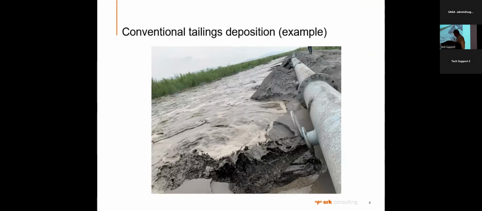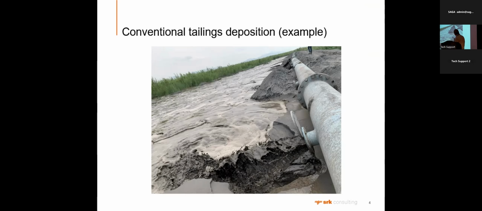Our business is depicted on this slide, where you can see how the tailings flows out of the pipe in a very slurry-like manner, and it's this that then hardens or densifies with time to allow these structures to operate.